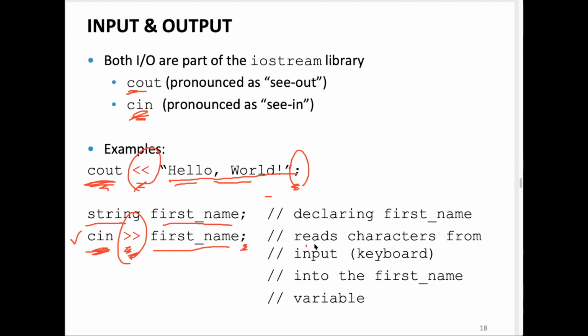So this reads characters directly from input. If the user does not input anything at that moment in time, your cursor will just wait there indefinitely. But once the user types something in, that collection of characters will then be shipped into this container, the string variable called first name. So this is a quick overview of the basic input and output in C++.